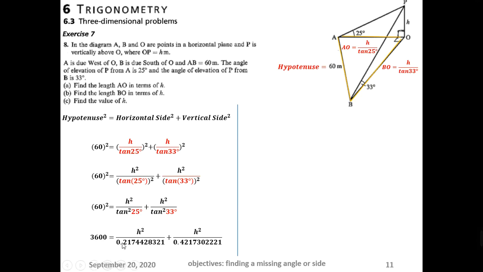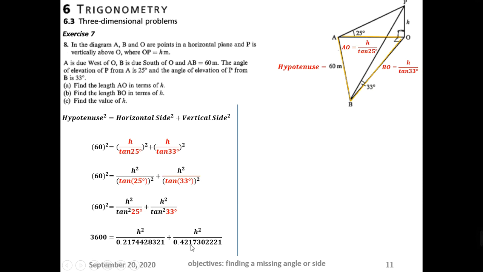You're going to end up with 0.217. And if you insert the squared button, and inside the bracket put tan of 33, then put the equal, you will find the tan of 33 to the power of 2, which means tan of 33 times tan of 33. It's going to be 0.422.